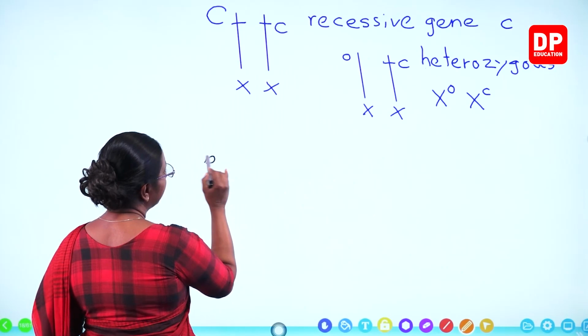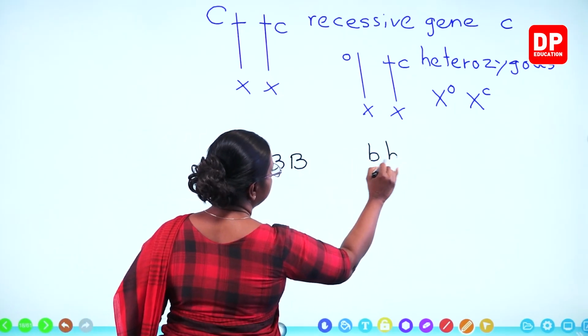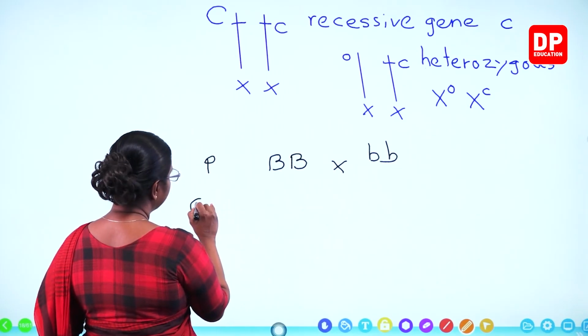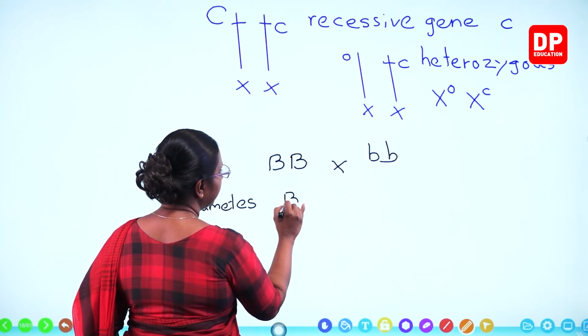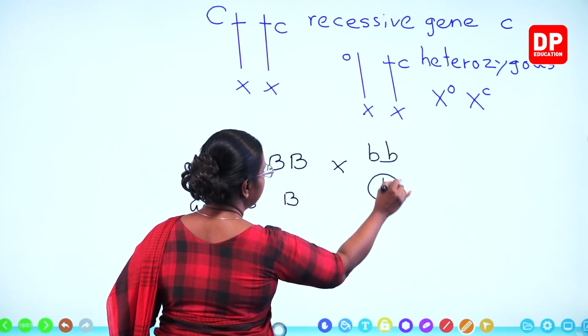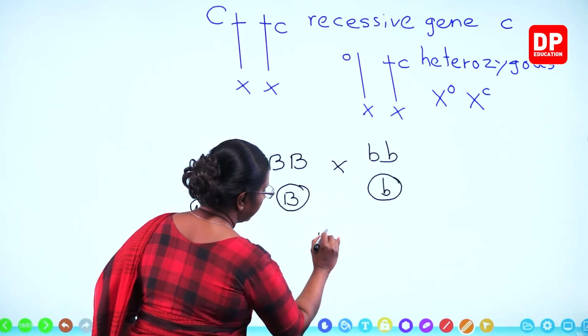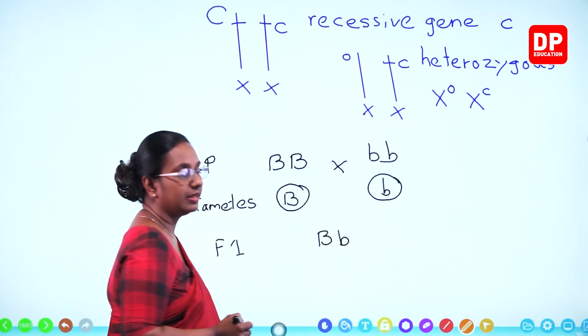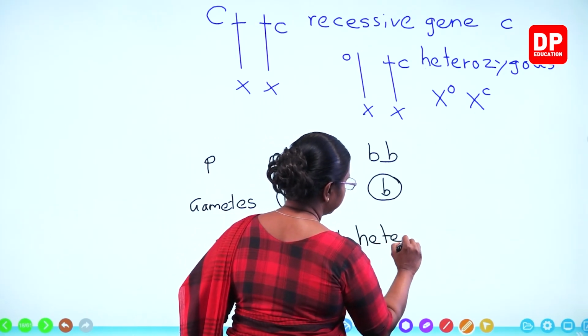So we have the parents, BB, then we have the gametes. It's only capital B, here simple B. So in the F1 generation, everything will be like that, a heterozygous condition.